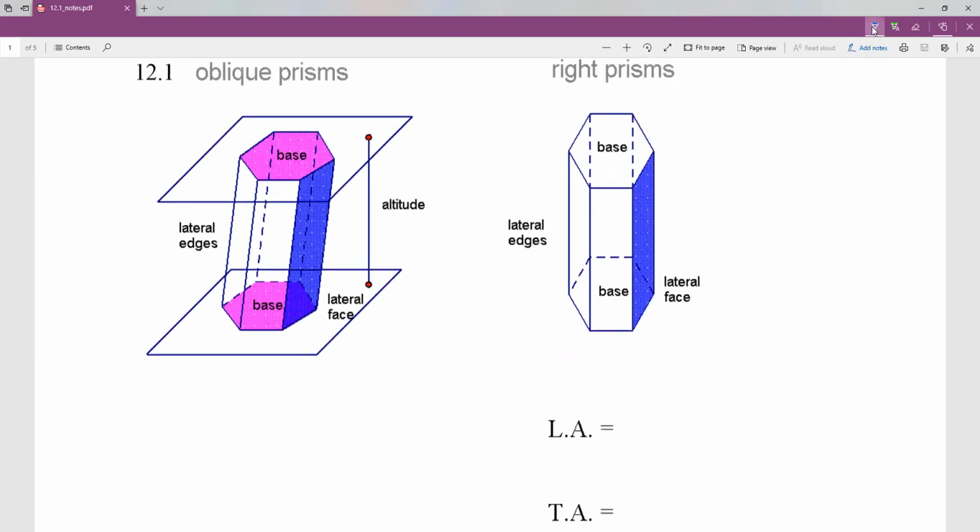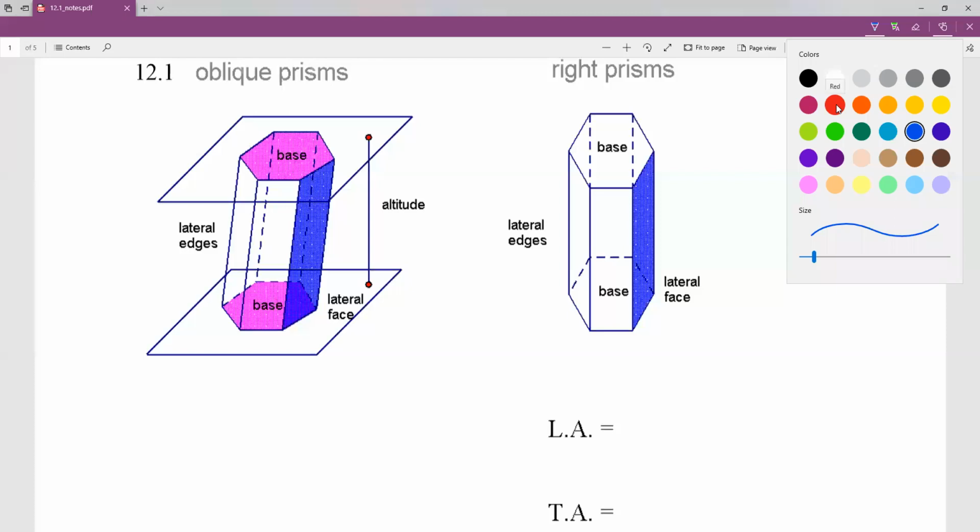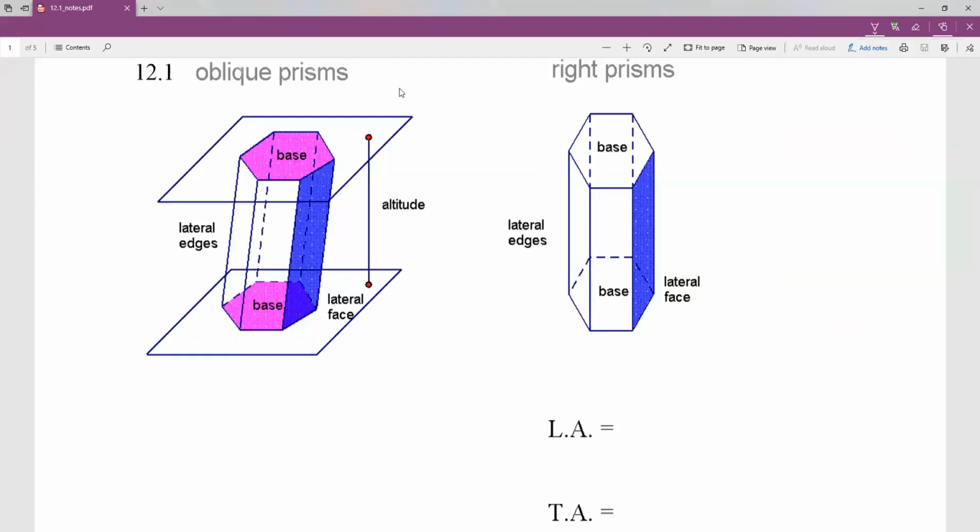So first vocab word we're going to get into is the base. The base is the two, kind of like the top and bottom of these prisms. In formulas, it's denoted by the big B. In prisms, these bases are going to be a shape, like a hexagon.